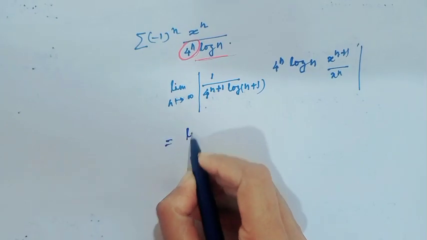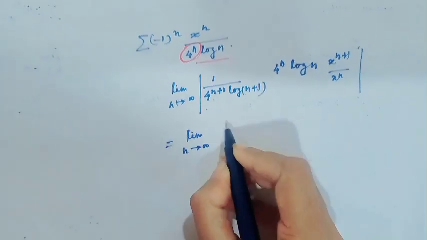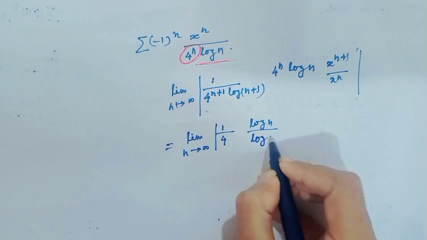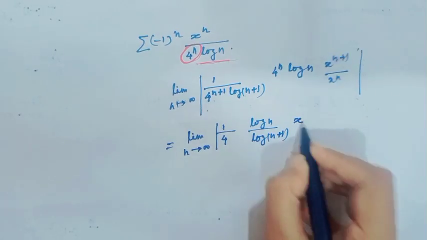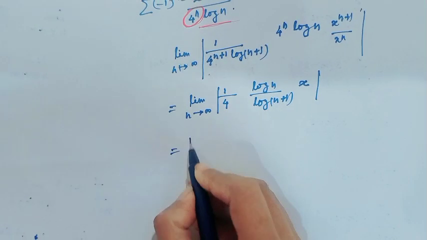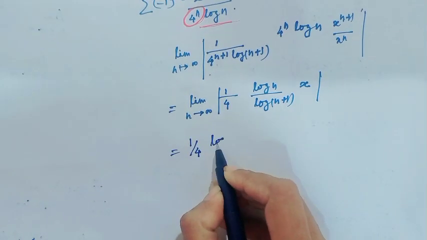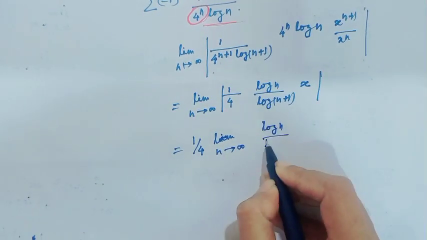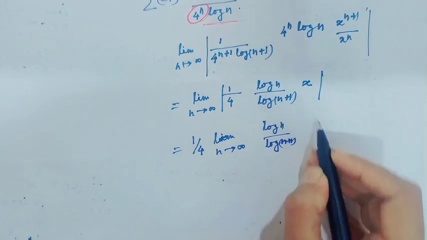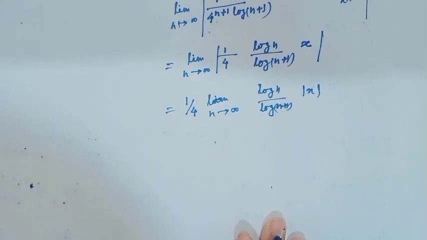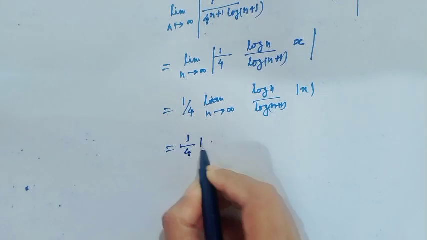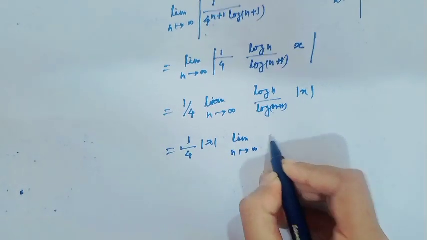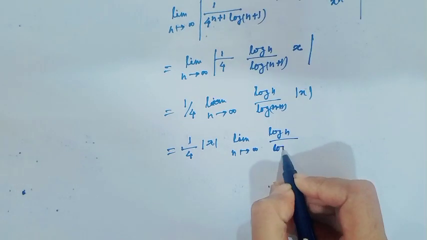That means this is equal to limit n goes to infinity of 1 over 4, log n over log of n plus 1, times absolute value of x. That is 1 over 4 mod x, limit n goes to infinity of log n over log of n plus 1.